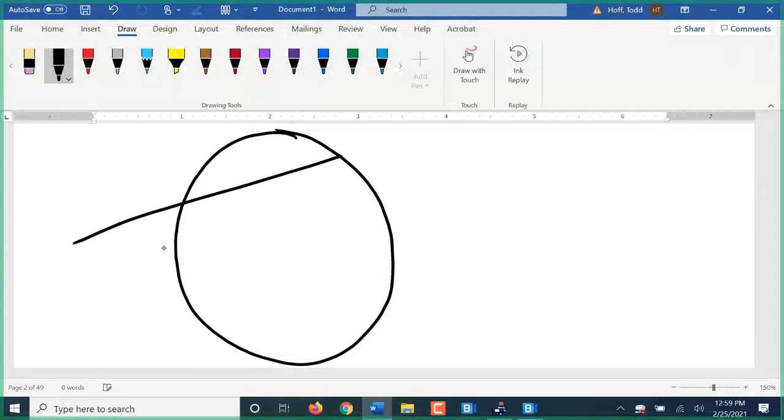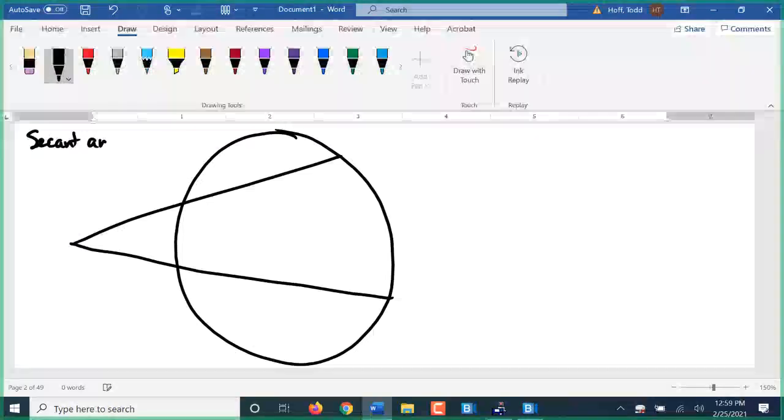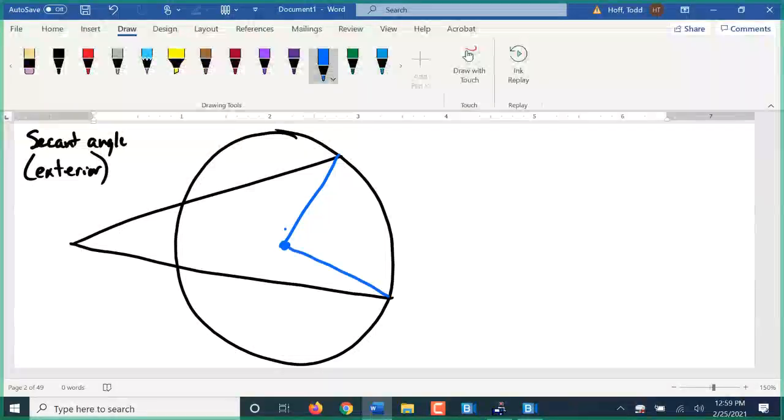We talked about secant lines. Secant angle or exterior angle that we talked about. So if we look at this, obviously if this is a central angle, that central angle and that outside arc there are going to be the same.